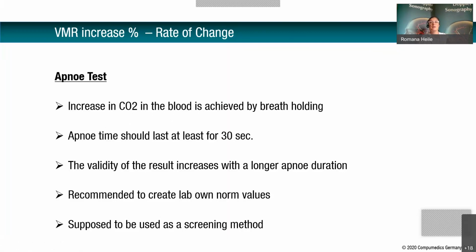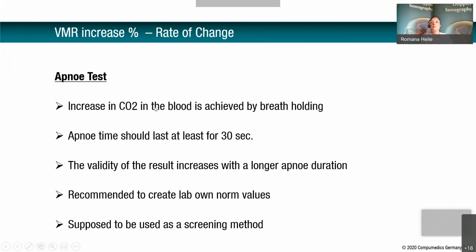So if people do a kind of Valsalva when they are holding breath, meaning they take a deep breath in, that will create a pressure in the chest, but also it will increase the pressure in the intracranial space. So in this case, if the patient is doing this kind of maneuver, making a deep breath, then the result is not really reliable.